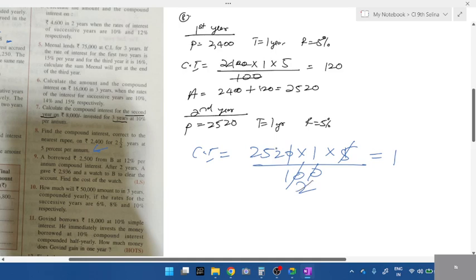Okay, 2 ones are 2, 2 ones are 2, 2 twos are 4, 2 sixes are 12. Good. 126. Amount is equals to 2520 plus 126. Very good. 2646.